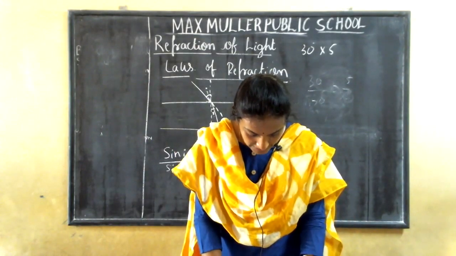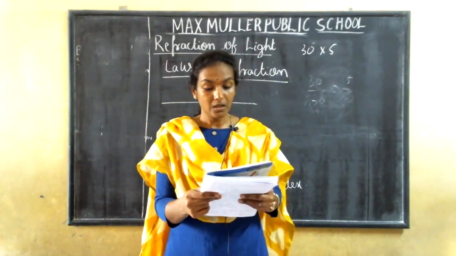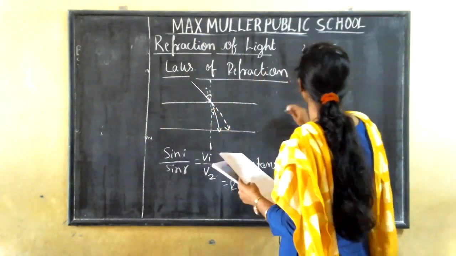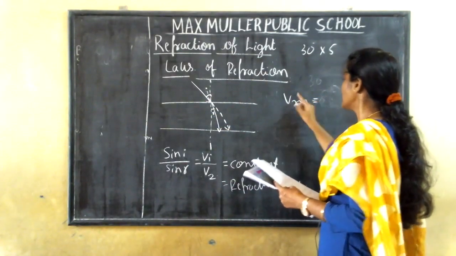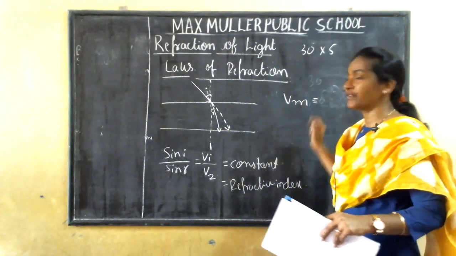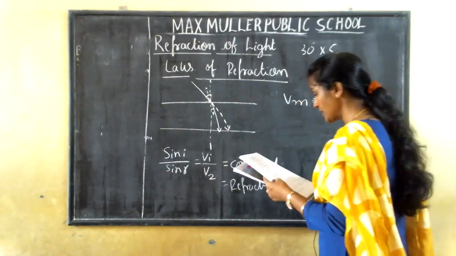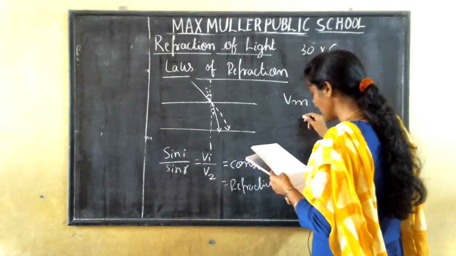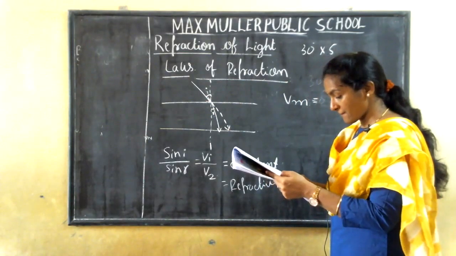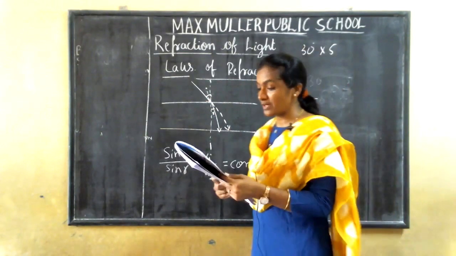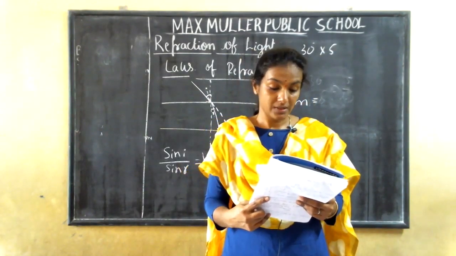In this refractive index section, if it is Vm, then this is the velocity in a different medium. It is the ratio of the speed of light in vacuum, C, and the speed of light in a medium.